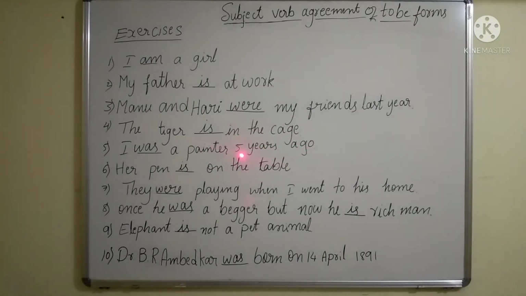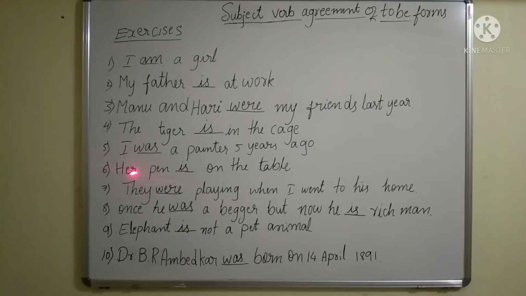You can notice here this phrase 5 years ago. This indicates something happened in past tense. So once, not now, 5 years ago in past, I was a painter. I was a painter, but not now. So this 5 years ago is the clue of past tense.